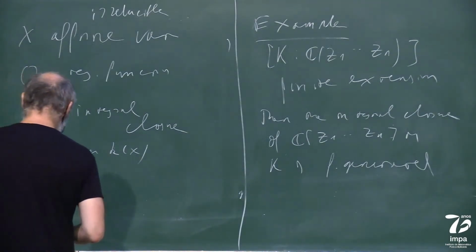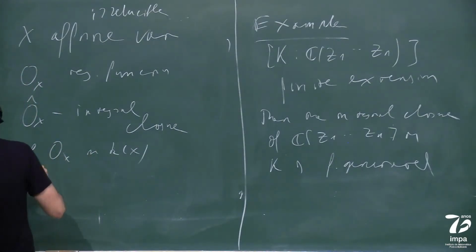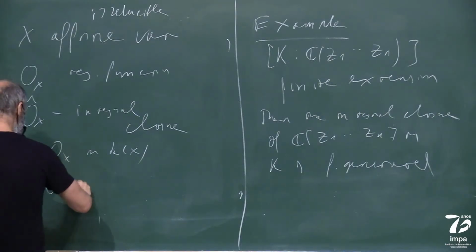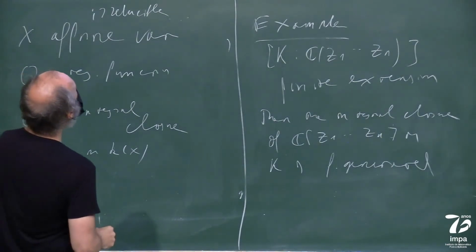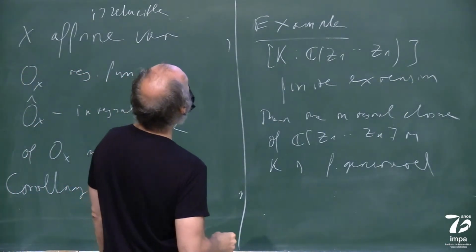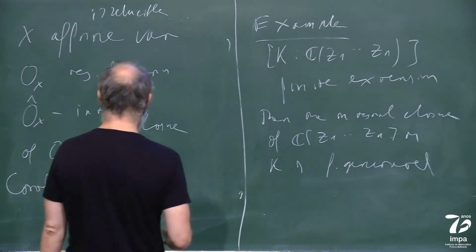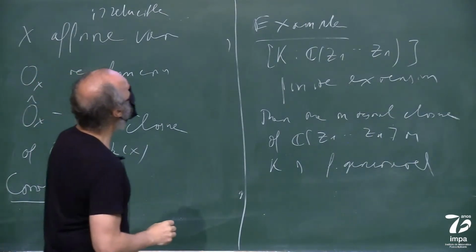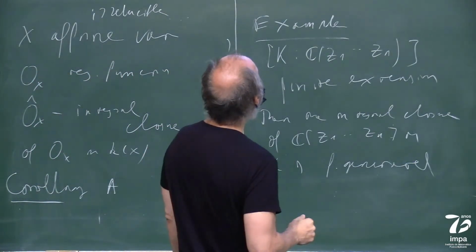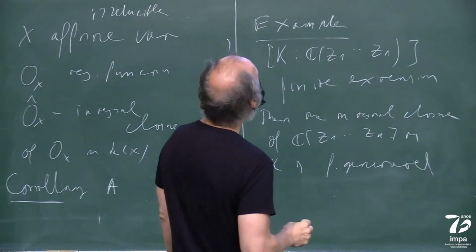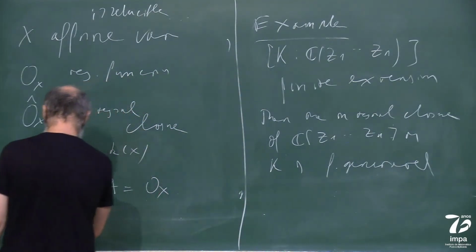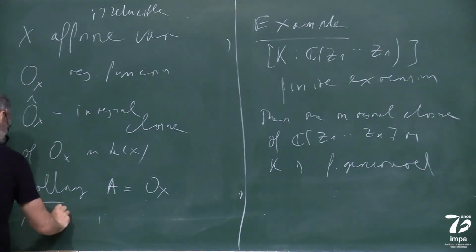Okay, so we have this corollary. What notation is here? A is O_X and A hat is the integral closure.